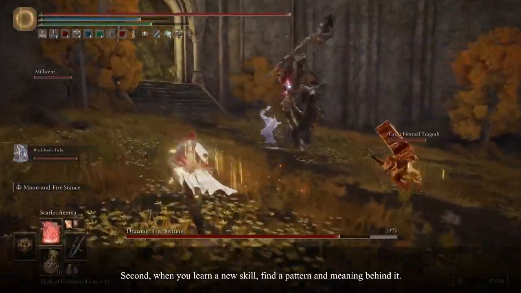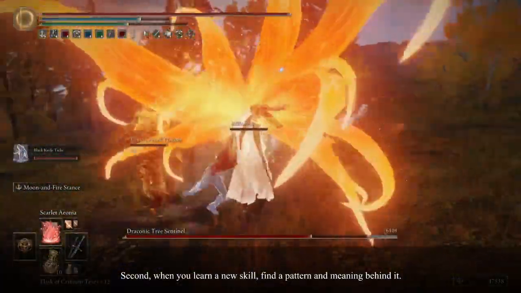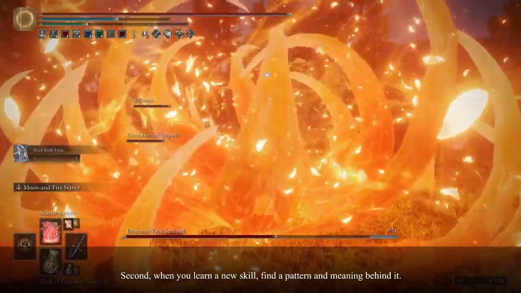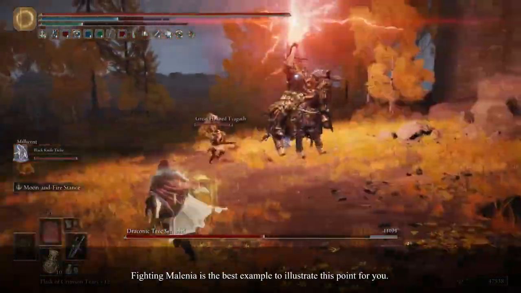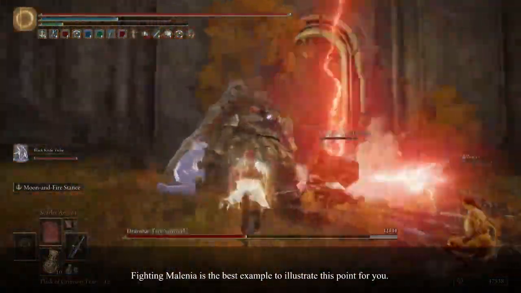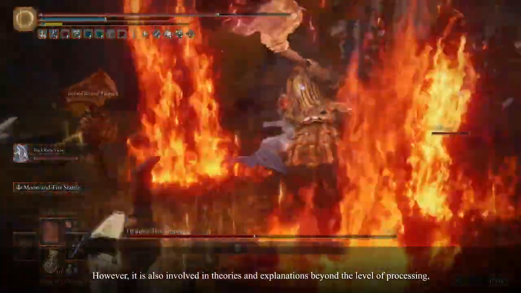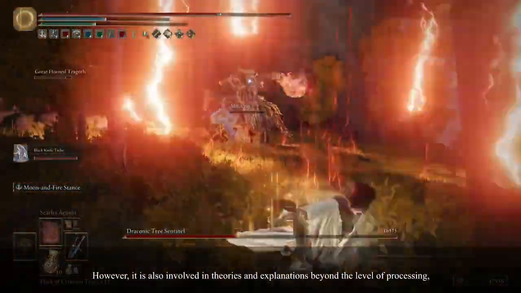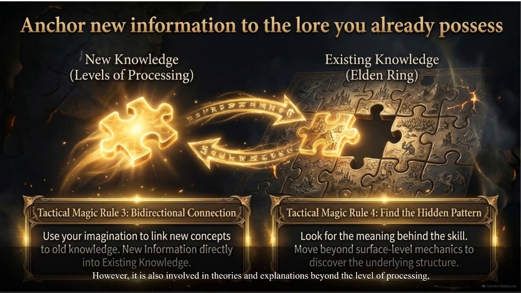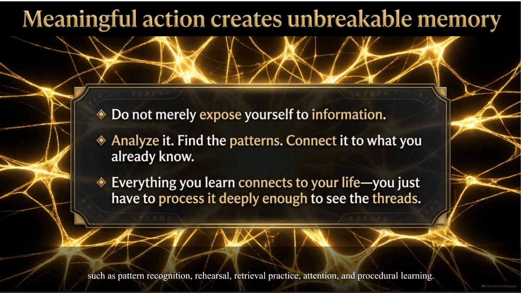Second, when you learn a new skill, find a pattern and meaning behind it. Fighting Malenia is the best example to illustrate this point for you. However, it is also explained by theories beyond levels of processing, such as pattern recognition, rehearsal, retrieval practice, attention, and procedural learning.